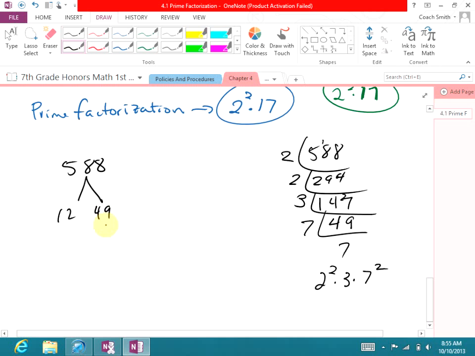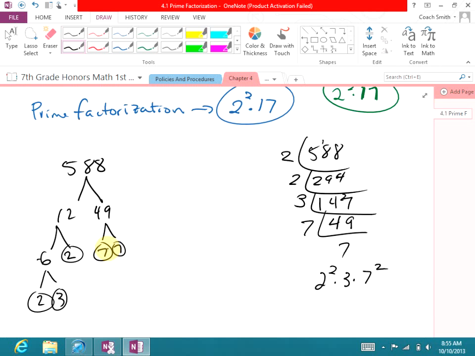Well, that goes to 7 and 7. That goes to 6 and 2. That goes to 2 and 3. Okay? Well, that was easy if you knew 12 and 49. But if you sat there for 10 minutes trying to figure out 12 and 49, you're better off just using inverted division.